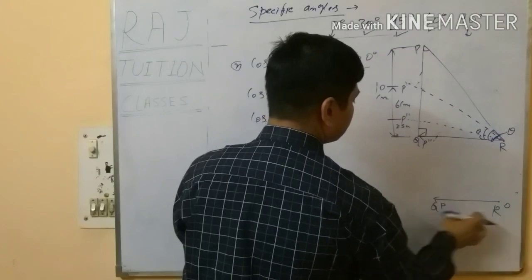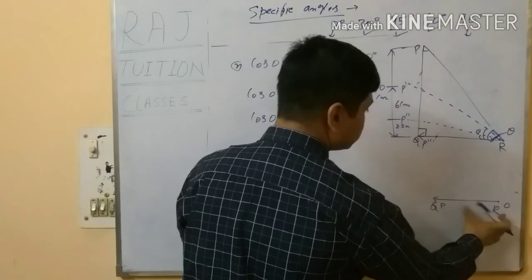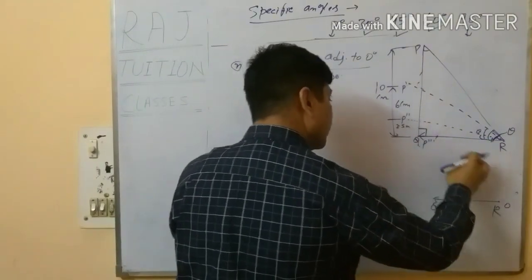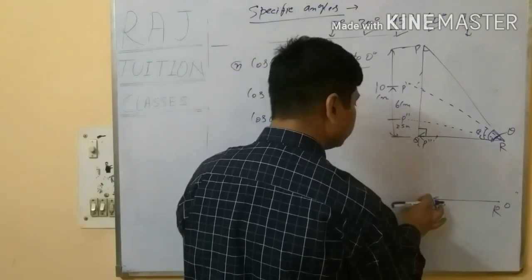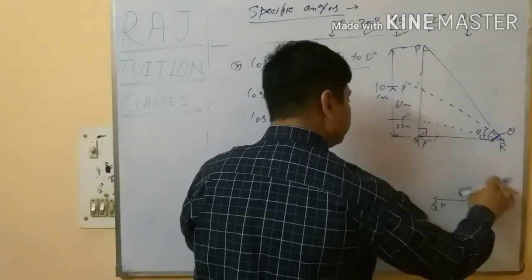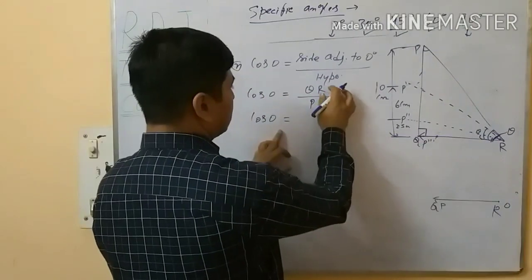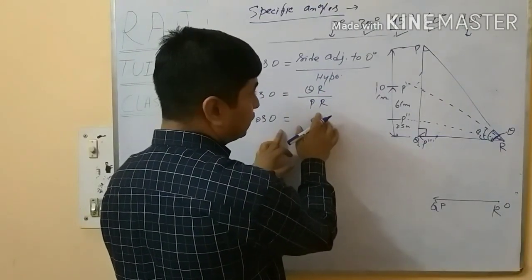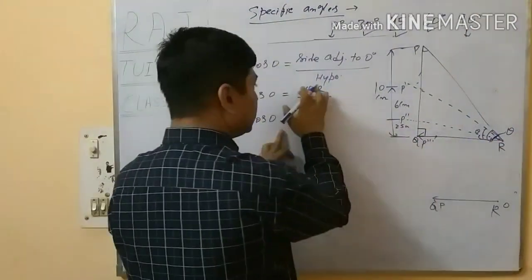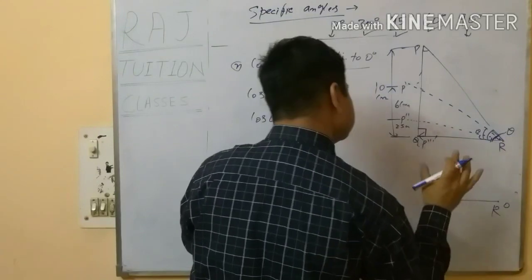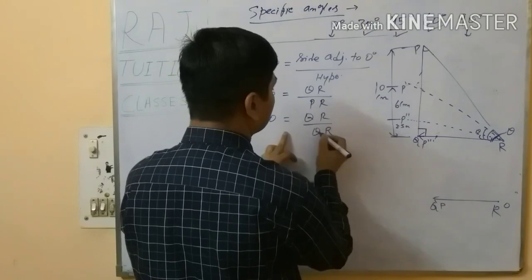QR and PR both are same, क्योंकि जब एंगल 0 हो गया है तब QR यानी साइड एडजेसेंट और PR यानी जो हाइपोटेनस हुआ करता था वो ओवरलैप इसी के ऊपर कर रहा है. So QR and PR are now coinciding, now overlapping. So QR divided by hypotenuse PR. बट ये जो PR है अब QR ही बन चुका है. PR and QR अब सेम हैं. So I can take it QR upon QR.